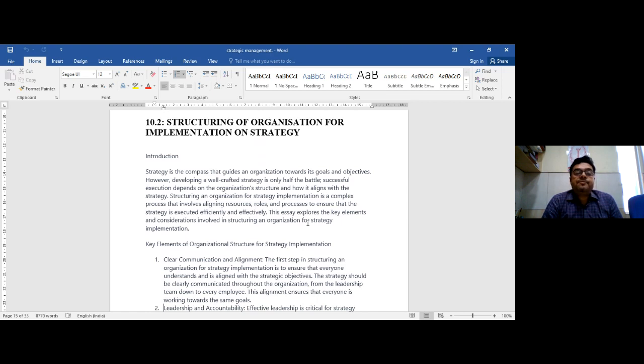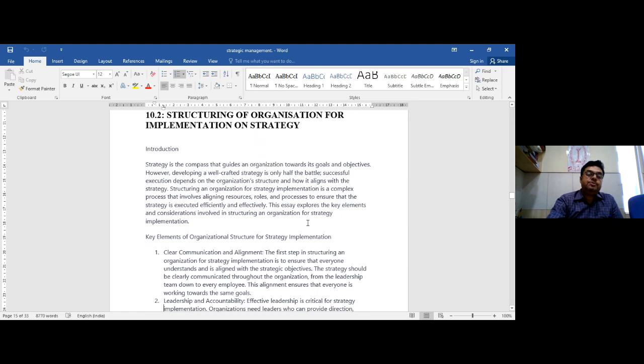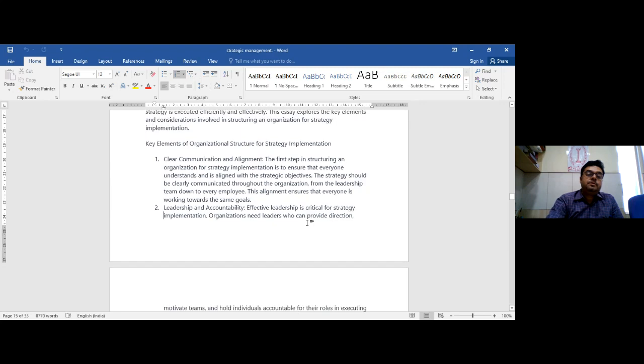The key elements of organizational structure for the purpose of strategy implementation will include clear communication and alignment, that's the first step.